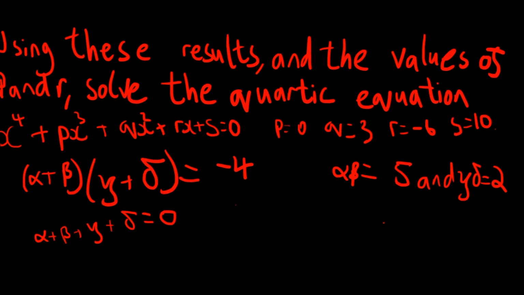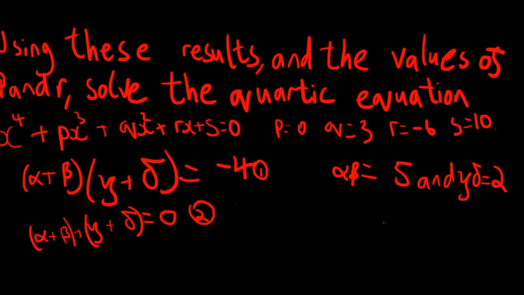And in fact, I can put brackets around these. And as you can see, if I label this equation 1 and this equation 2, we can make a substitution in order to solve for either alpha plus beta or gamma plus delta. So just without loss of generality, I'm just going to solve for alpha plus beta.